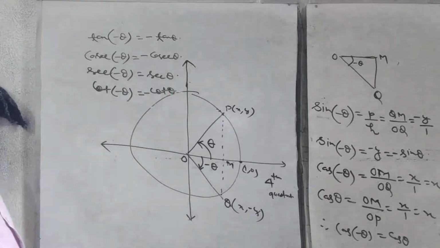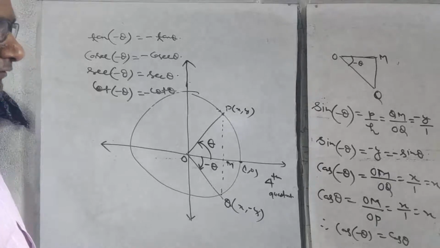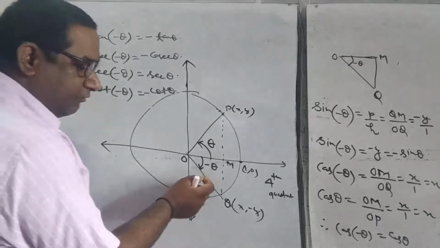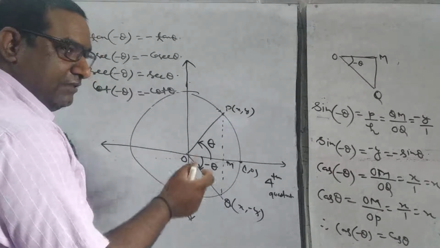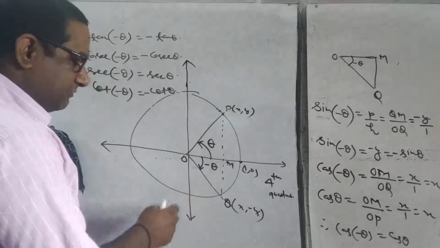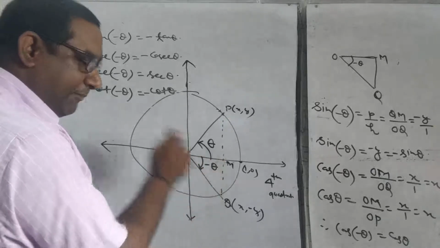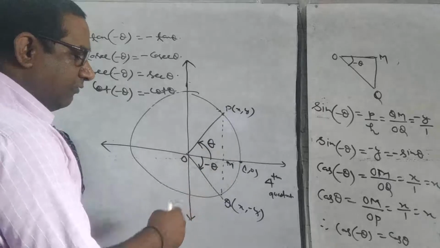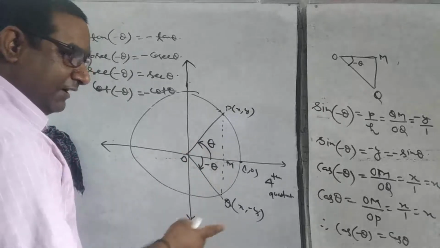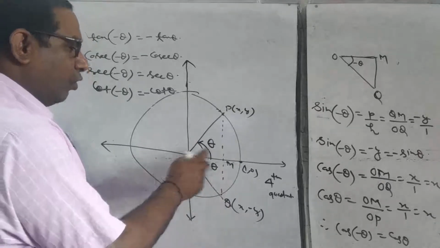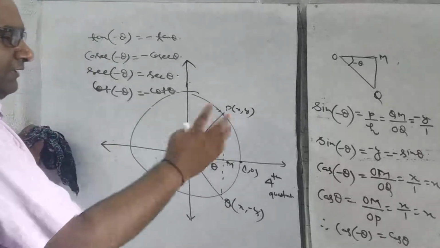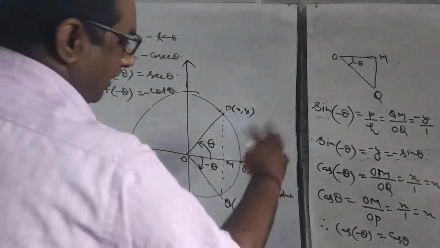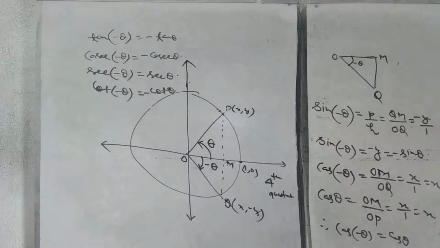This is about the concept of negative angle. First of all, we find the value of sine minus theta, cos minus theta with respect to triangle OQM, and then correspondingly we find the value of sine theta, cos theta, tan theta, cot theta in triangle OMP, and then equate them. So sine minus theta is equal to minus sine theta.